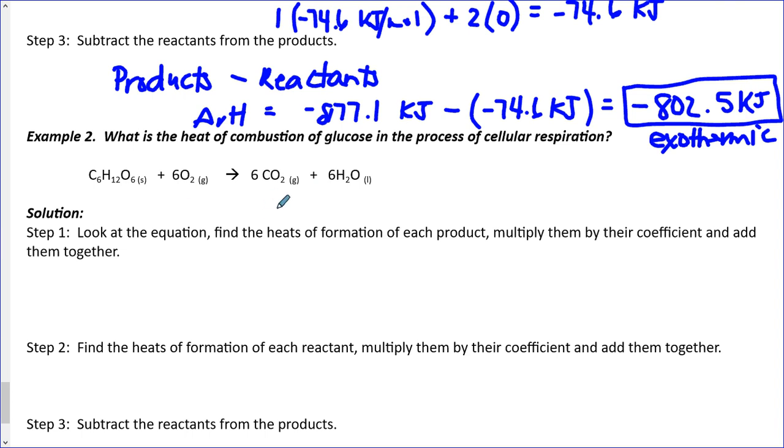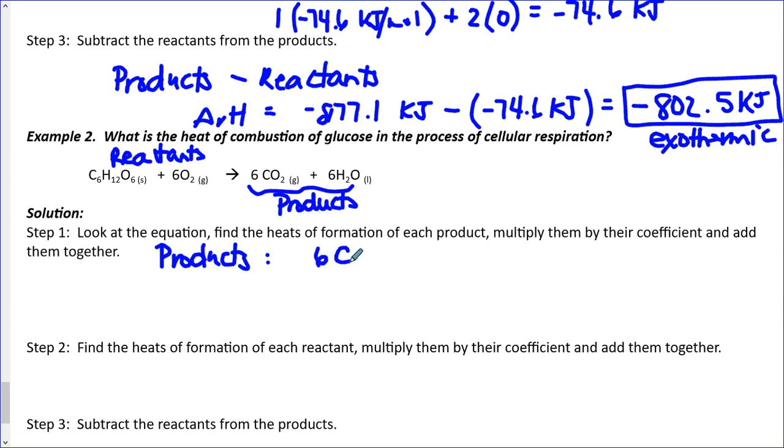So hopefully you've given it a try. These are our products. These are our reactants. And again, this is balanced already. That's not necessarily always going to be the case. So 6 CO2 plus 6 H2O. I think I'm writing way too fast.